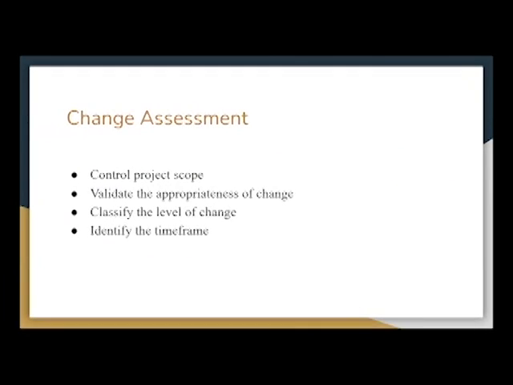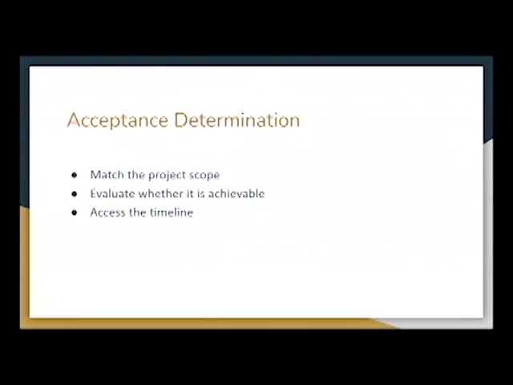Moreover, the consumption of development time is also considered as a factor due to the stressful time limitation. At the end, we have determined our acceptance level for our project, which are whether the context matches our project scope, whether it is achievable, and the time it may spend.